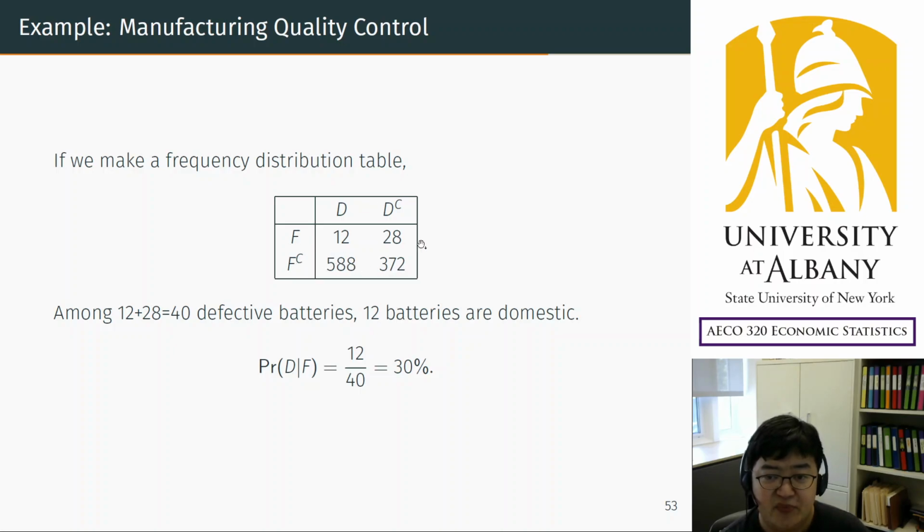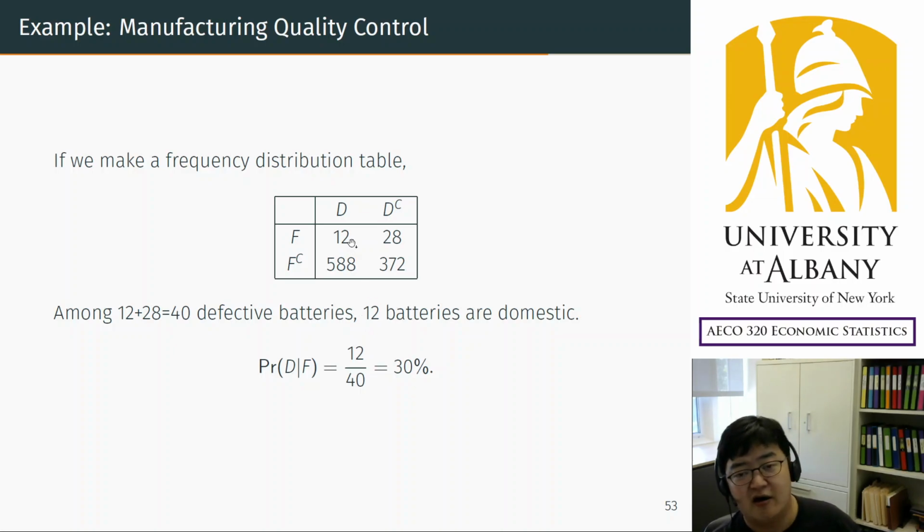You only need the number of defective batteries. There are 40 defective batteries in total. Among them, 12 are domestic, 28 are imported. So you can easily find that the conditional probability of domestic batteries among defective ones equals 30%, right?